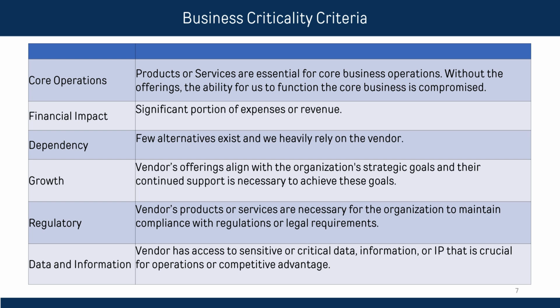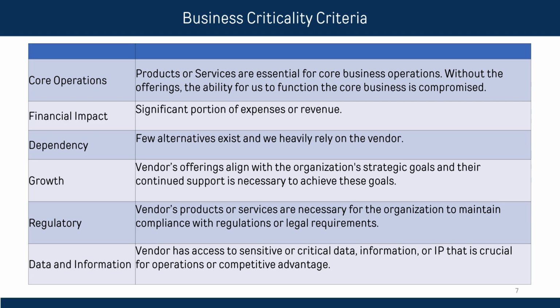So here we have the criteria. You have the core components: financial impact, dependencies, growth, regulation, etc. And what is evaluated with each vendor. So product services, significant portion of expenses. I basically look at everything, different components of the vendor.